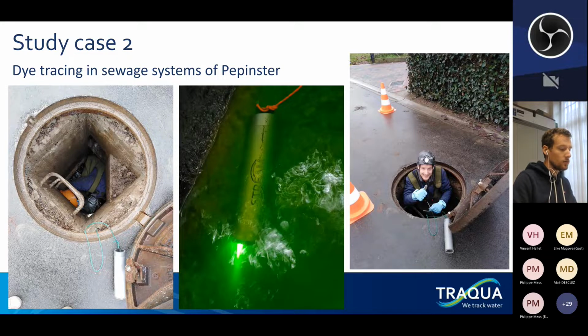It allows us to install something that is not visible at the surface, quickly installed and quickly removed, so we can perform multiple dye tracings in the area from point to point and also from one point to multiple different points downstream. One important constraint here was the sanitary requirement regarding work in such an environment.